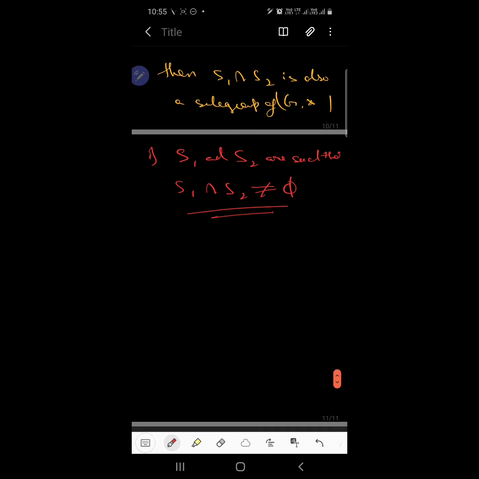The reason being that S1 and S2 will at least have a single element, that is the identity element. So they cannot be null.